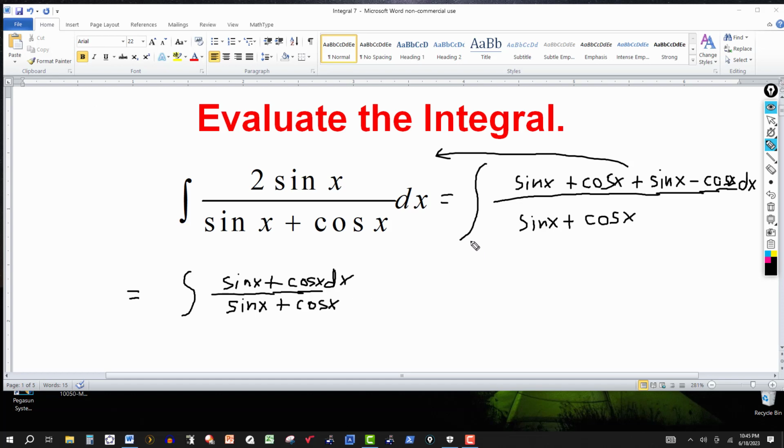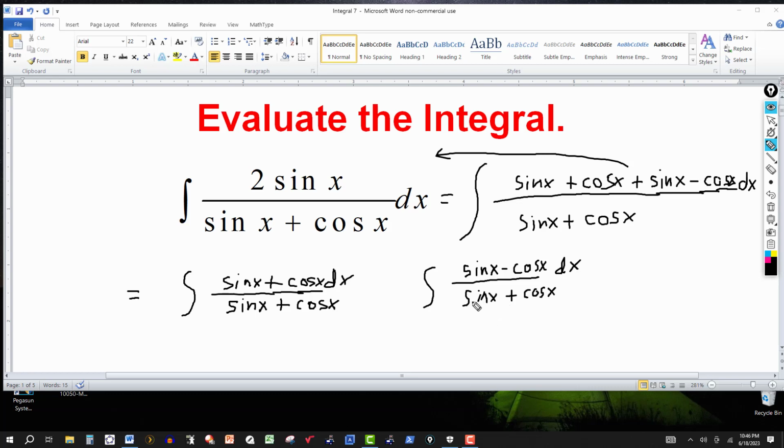So that's no problem. And then I'm going to have a second integral: sine x minus cosine of x dx, over sine of x plus cosine of x.